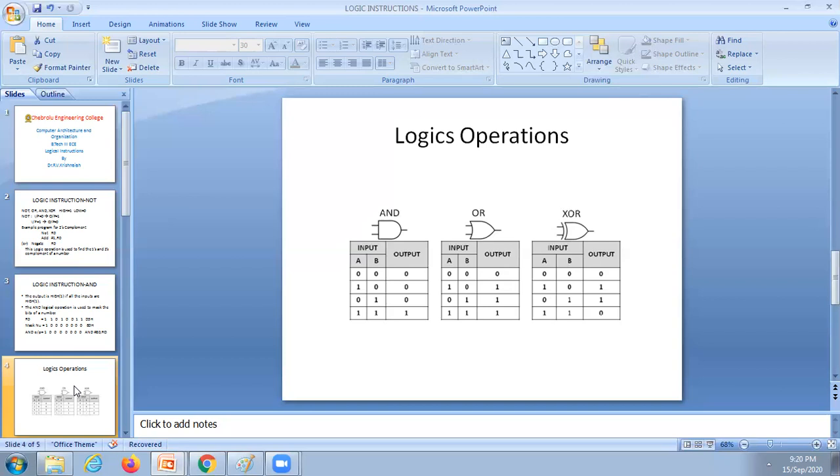Suppose there are 2 persons, Ramu and Lakshman. If Ramu and Lakshman are ready, then only you can come. What is the meaning of that?